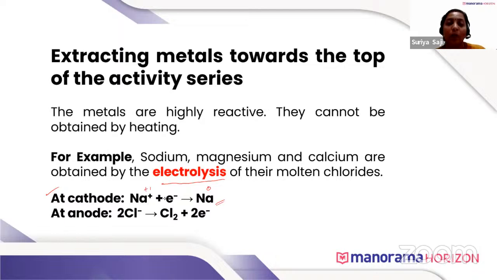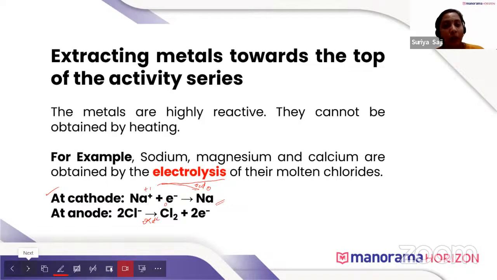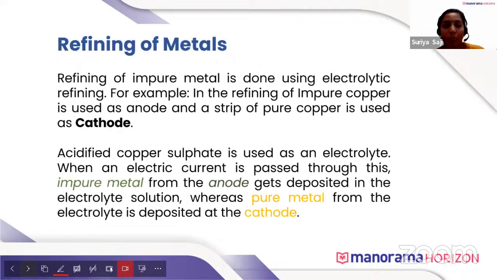So at the cathode, reduction occurs, and at the anode, oxidation. Cl- becomes Cl2, the oxidation state changing from -1 to 0. That is, at the anode, oxidation is taking place. This is the process happening in the case of high reactivity elements.